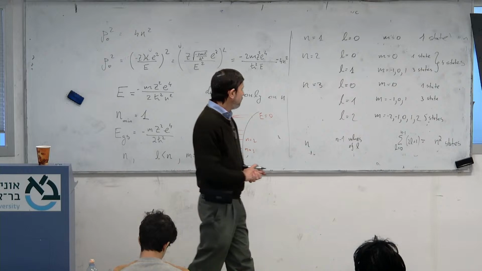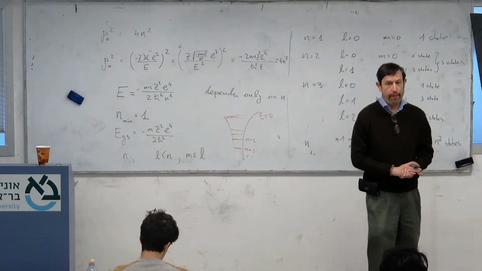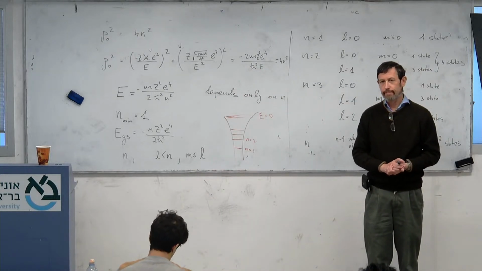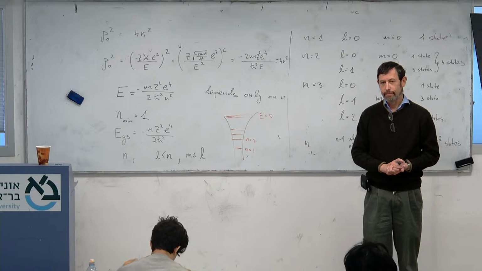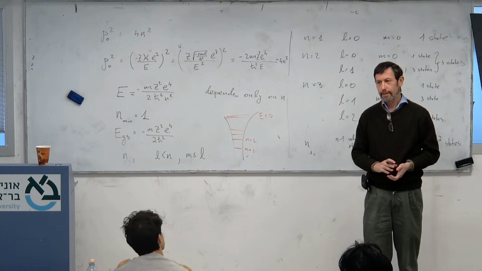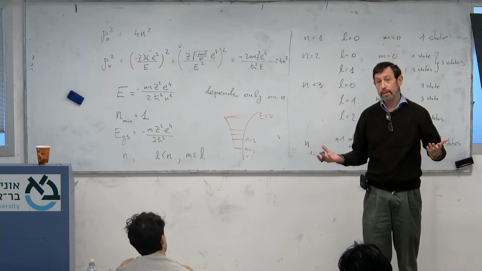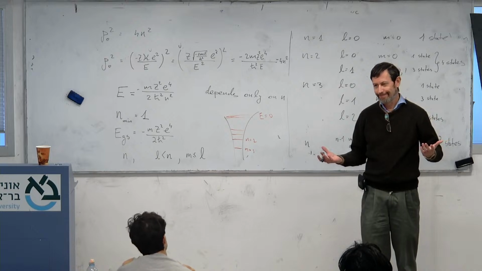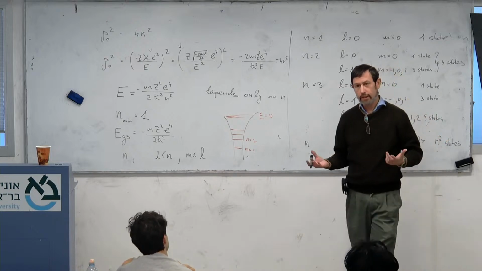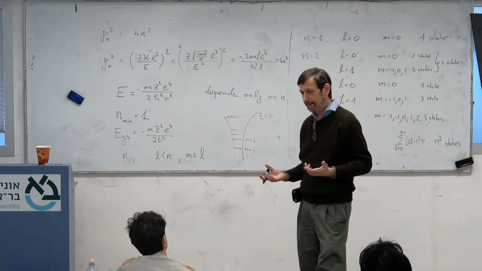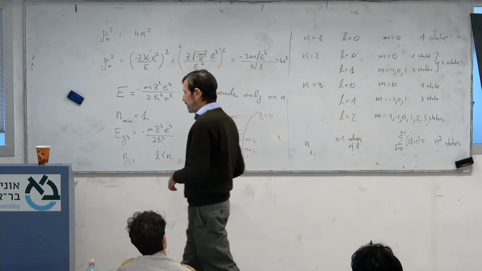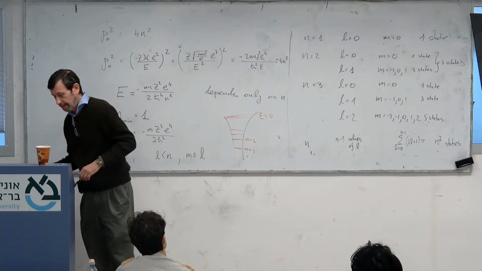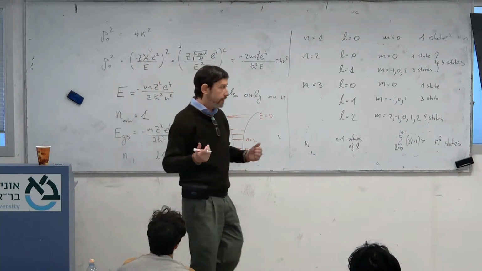Now, one thing that I forgot here is that electrons come with a spin. So in each state, I could have an electron with a plus, with an up and down.